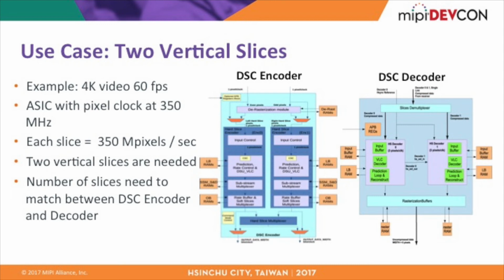And that's what we see here. So a good DSC IP would be scalable and will allow you to instantiate more than one core in order to achieve your display requirement target in terms of spatial resolution and frame rate.